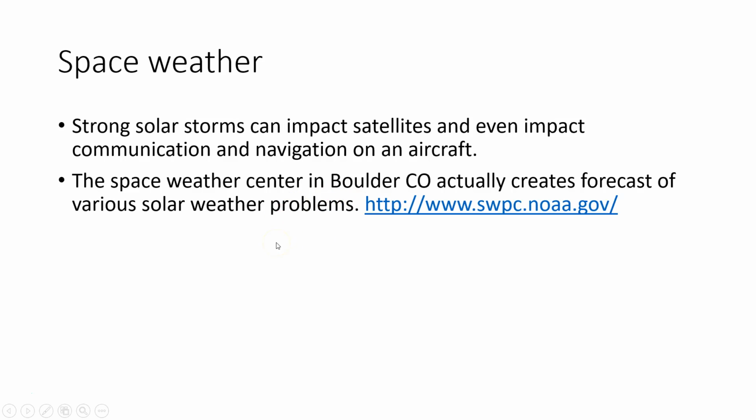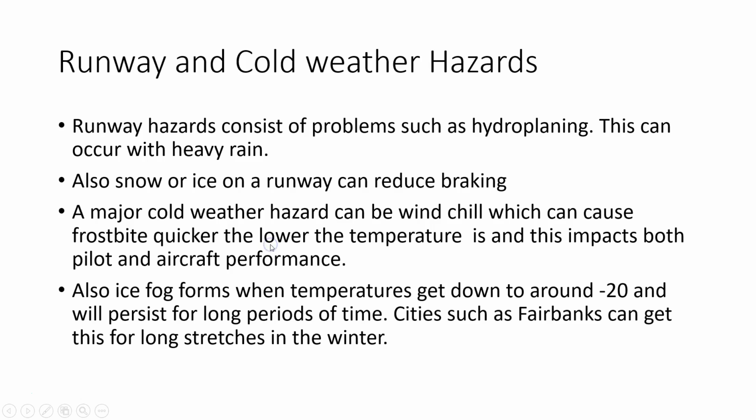And of course, space weather. That's where solar storms can impact, again, your GPS, maybe your communications and all. There's a really good space weather center in Boulder, Colorado, that has conditions related to aviation and how it might be impacted.